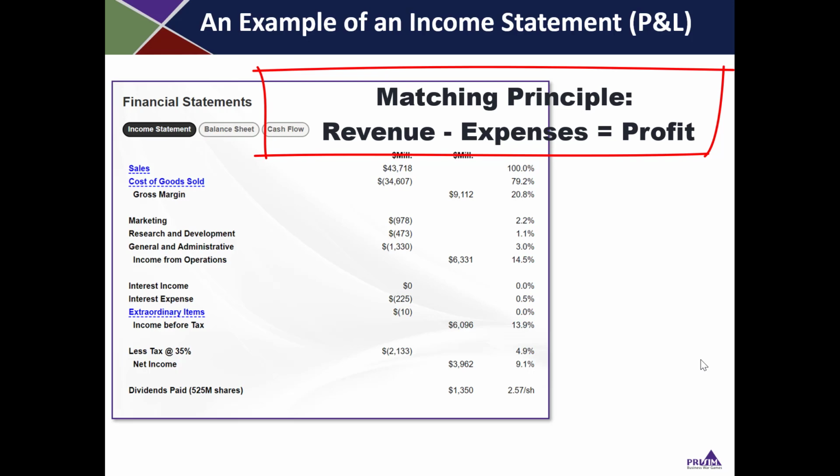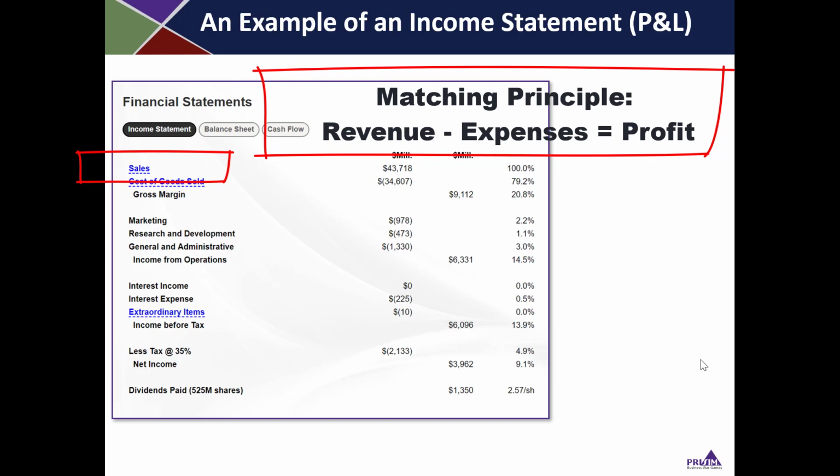So the first line of our financial statement here, the income statement, is sales, which is the total amount collectible from customers during the period for the delivery or the sale of goods and services, regardless of the way it's paid or whether or not it's been collected, because accounts receivable are also included in the amount of revenue that you're looking at here, not just when things are paid in cash.